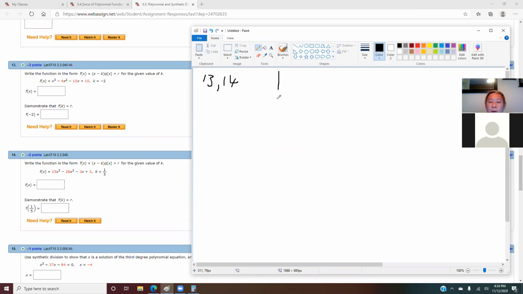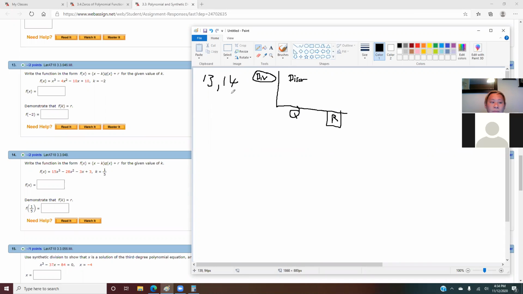Whenever you perform a synthetic division, we call this your dividend, this your divisor, this your remainder, and this your quotient.